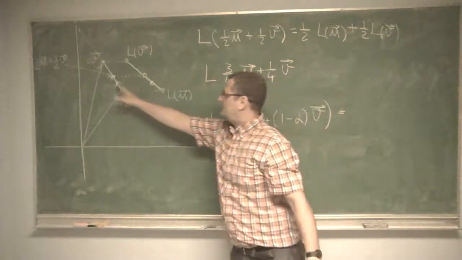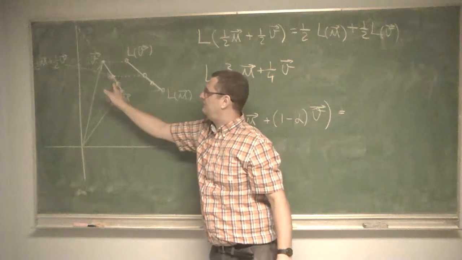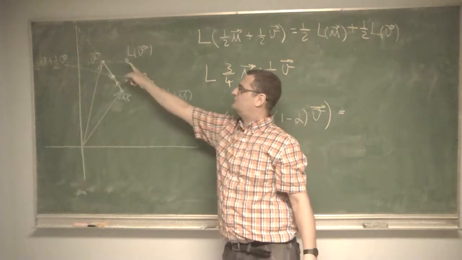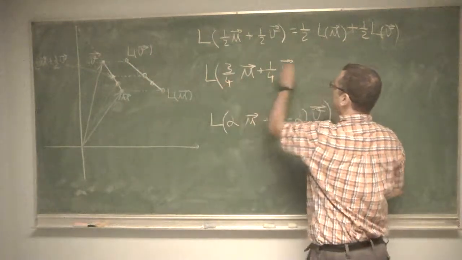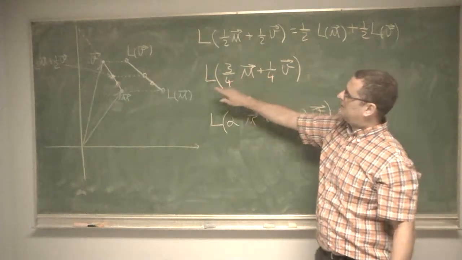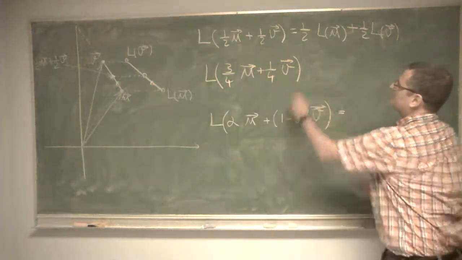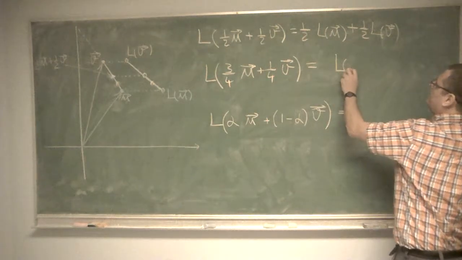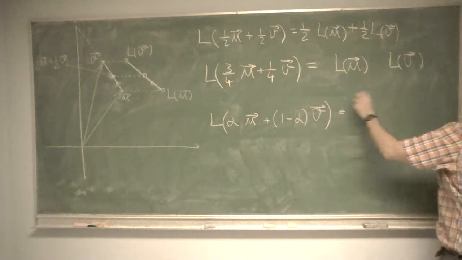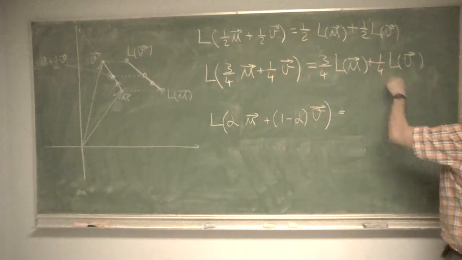So for this point, as I said, if you are 3 times closer to u than v, you will get mapped to a point that is 3 times closer to L of u than to L of v. So that exactly means that the weighted average between u and v that is 3 times closer to u than to v gets mapped to a point that is 3 times closer to L of u than to L of v, which means it's a point 3/4 L of u plus 1/4 L of v.